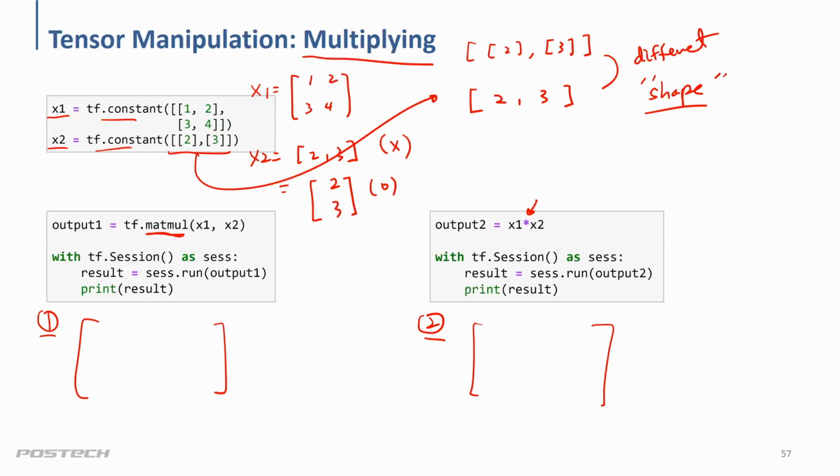What do you think the answer is for the first case? Two, 4, and 9. 4, 12. 9, 12. 9, 12. Then what about this? What about here?